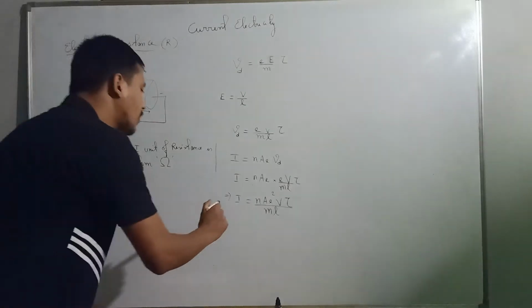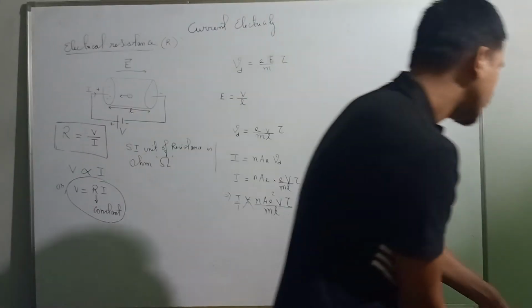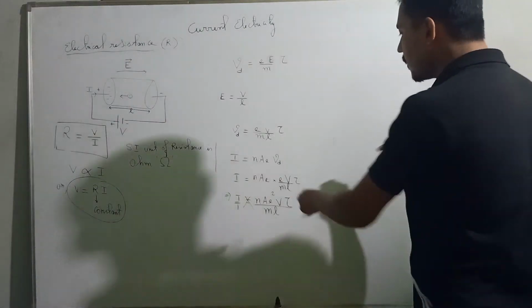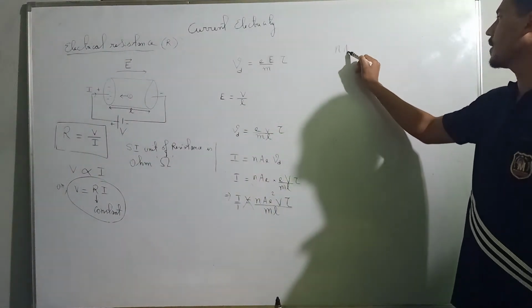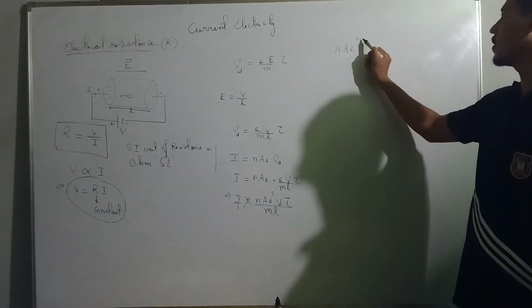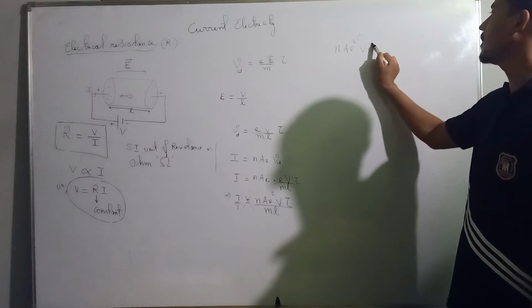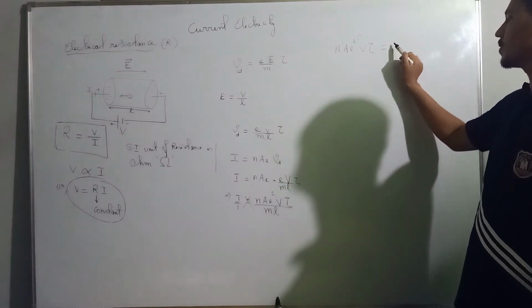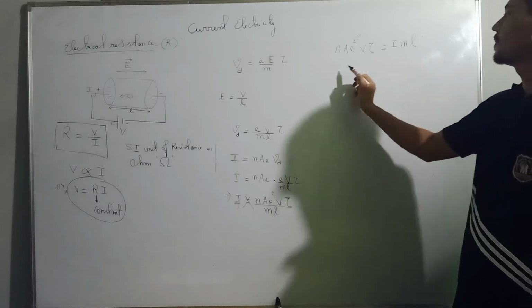Now if we cross multiply, we have nAe squared V tau equal to I times mL.